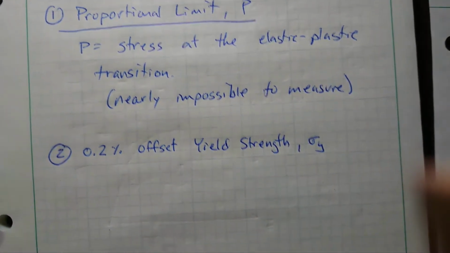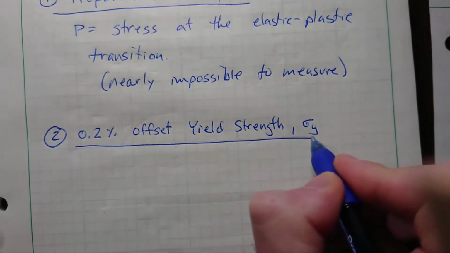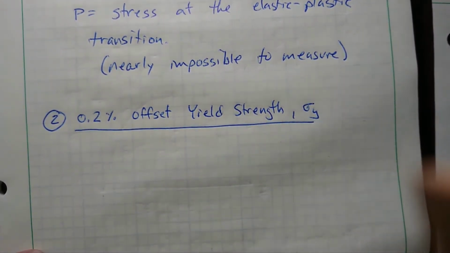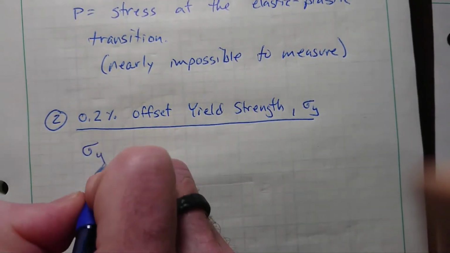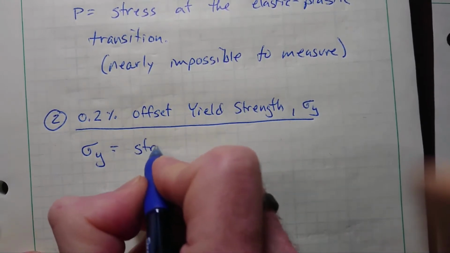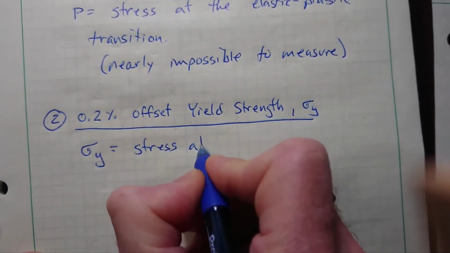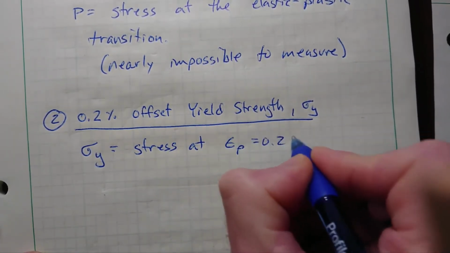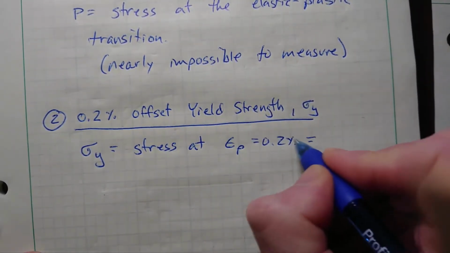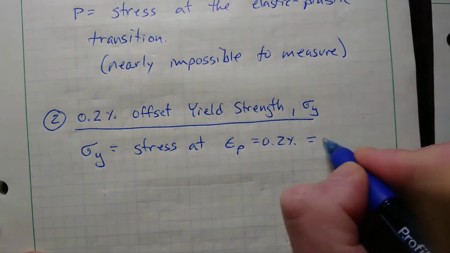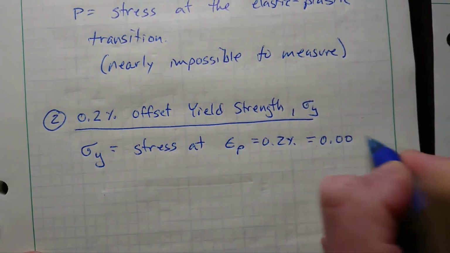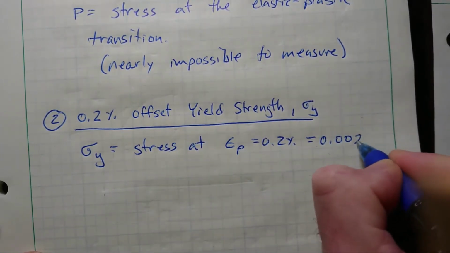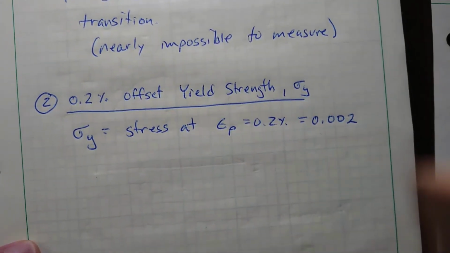Sigma y is a commonly used material property to define when yielding occurs. And sigma y is the stress at a permanent strain, epsilon P, equals 0.2%. And that's the way we write it. So that's a permanent strain of 0.002.